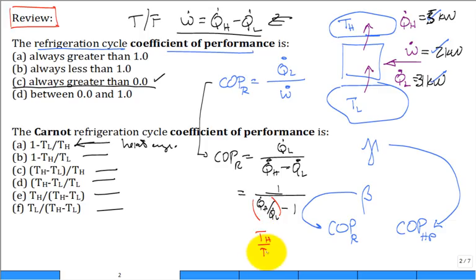TH over TL, minus 1, divided by 1. And then you just multiply both numerator and denominator by TL. And you finally get what we're interested in, TL divided by TH minus TL.